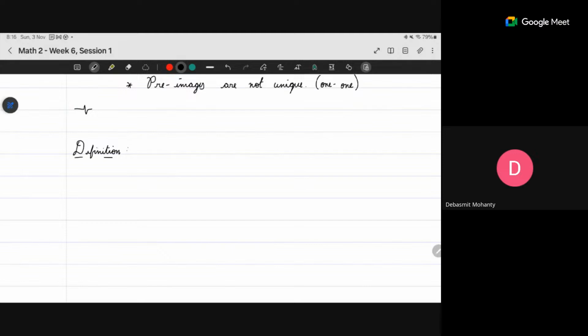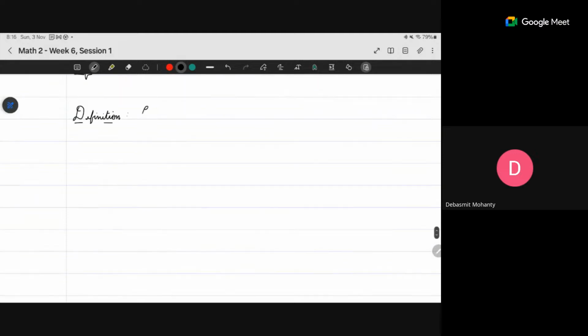This is a definition you've probably already seen. Given vector spaces V and W. Of course, V and W come with their own plus and dot. This we will omit just for convenience so that it does not become notationally heavy.